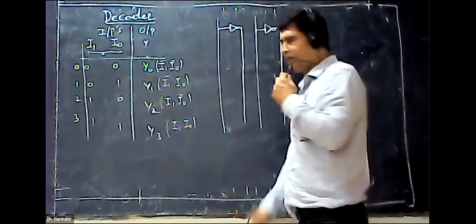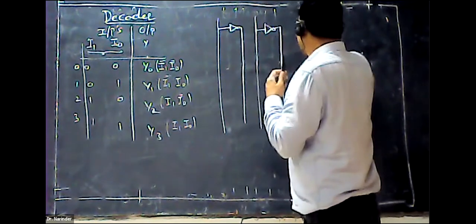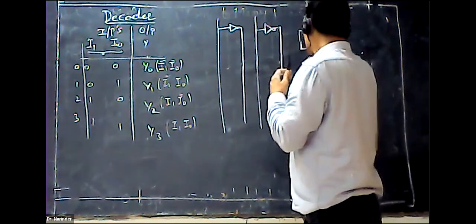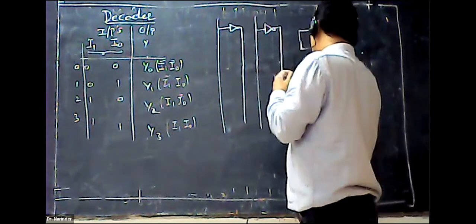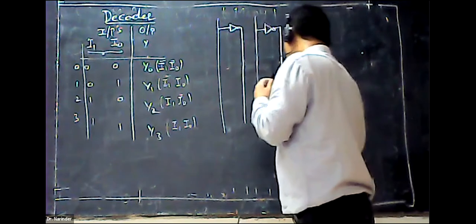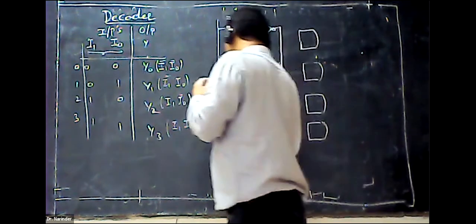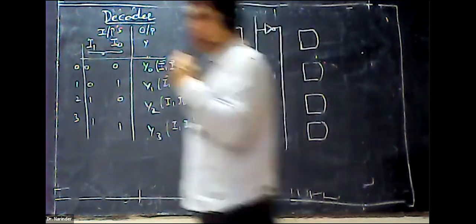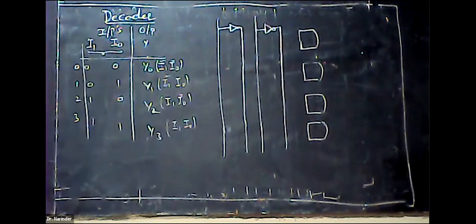Four expressions are there, so four AND gates are required. We can connect them as per the truth table.